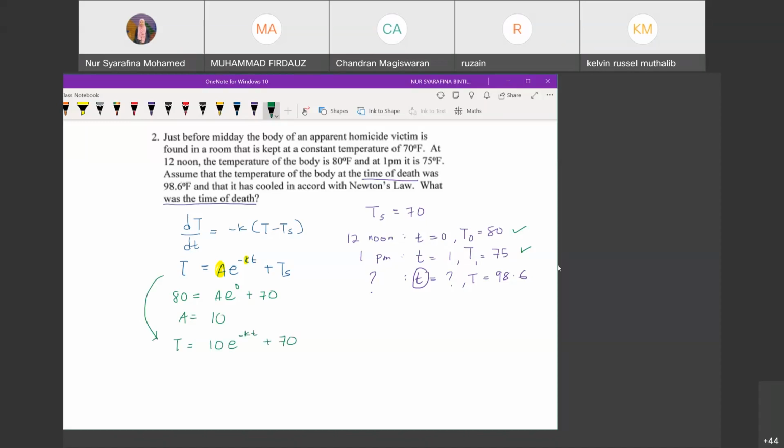Now your equation becomes T equals 10e^(-kt) plus 70. So next condition, when t equals 1, after 1 hour, the temperature becomes 75. So 75 equals 10e^(-k times 1) plus 70. Then you can find what is K here?